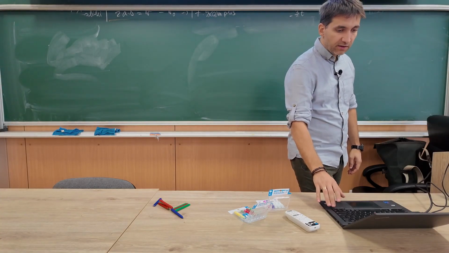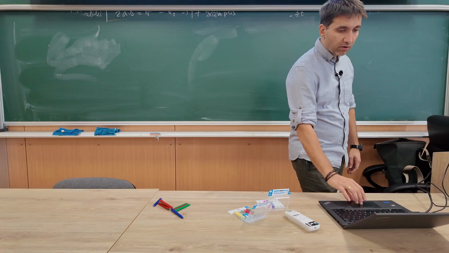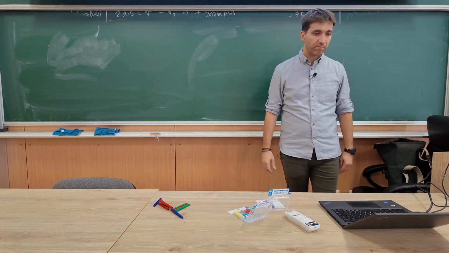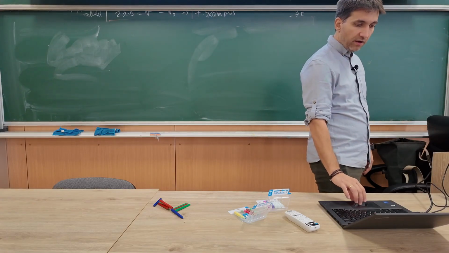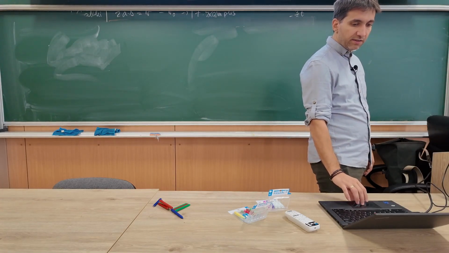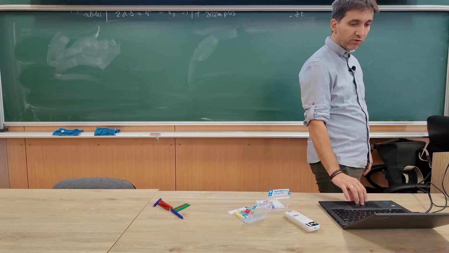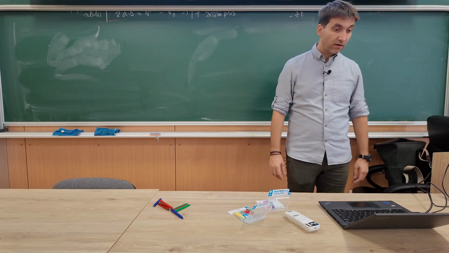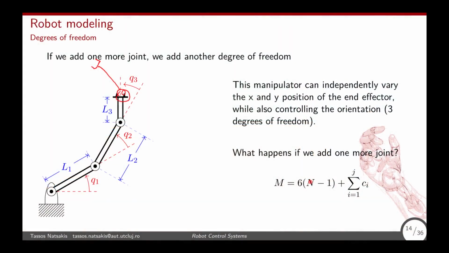So this C in this formula is the number of constraints a joint adds. So in our case, it would be 5 for both of them, right? So if I have here 3 joints, let's say I have 3 minus 1, 2 times 6, 12.